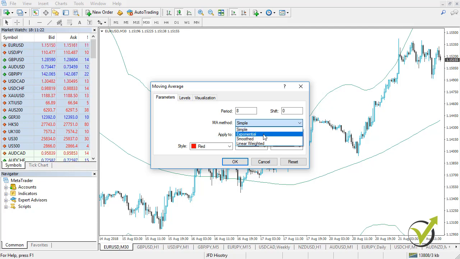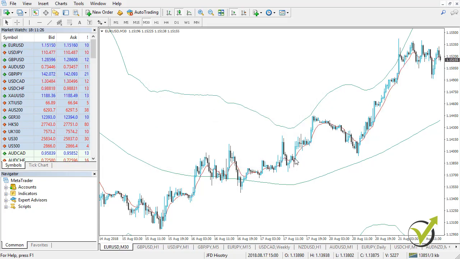So if I choose exponential and click OK, I will have the 8 period EMA, exponential moving average. So the exponential moving average is just a moving average, but the method is exponential. So it is available in Metatrader.